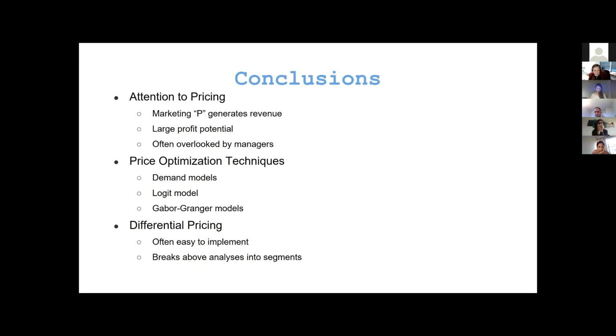There are optimization techniques out there. We talked about market demand models. We talked about the Van Westendorp-Granger models. I mentioned that there's conjoint models as a third potential option that we did not cover, and that's the same as a logit. And then we talked a little bit about differential pricing, which is providing different prices for different individuals or different segments or groups based on their specific needs.